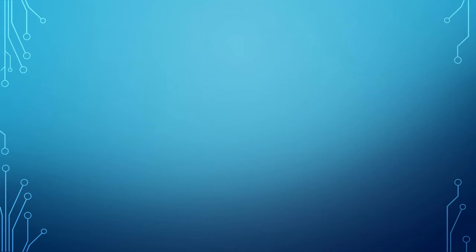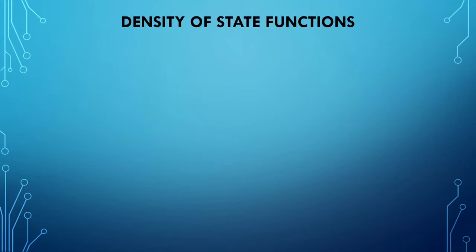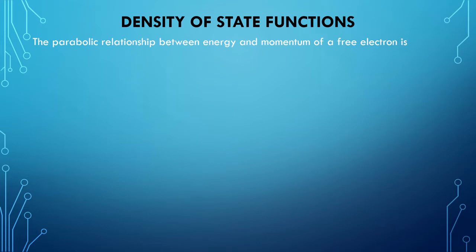Today I will discuss one most important topic of semiconductor devices, that is density of state functions. From the Kronig-Penney model, we know the parabolic relationship between the energy and the momentum of a free electron is E equal to p square by 2m, where E is the energy and p is the momentum.